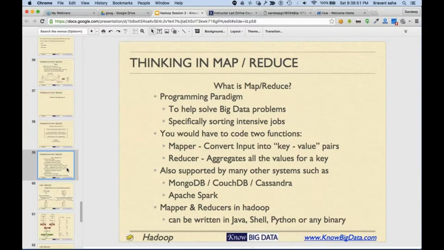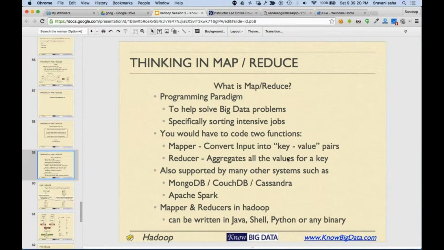It's a paradigm to solve big data problems, specifically sorting-intensive jobs which need distribution. Any work that can be solved by using multiple machines at the same time can be solved very well using MapReduce.